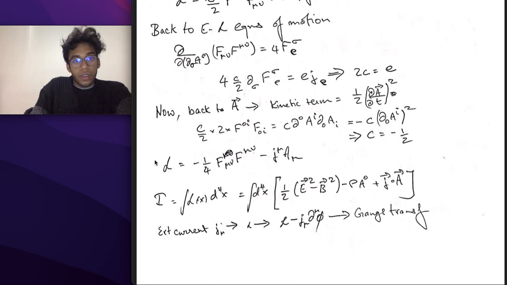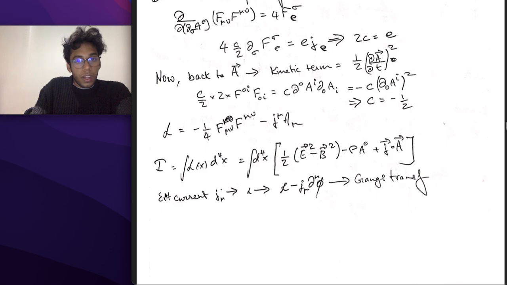So then you have your Lagrangian for the free photon, which is minus 1 by 4 f mu nu f mu nu minus j mu a mu, right? And now your action looks like this, and this action is actually not completely gauge invariant, right?